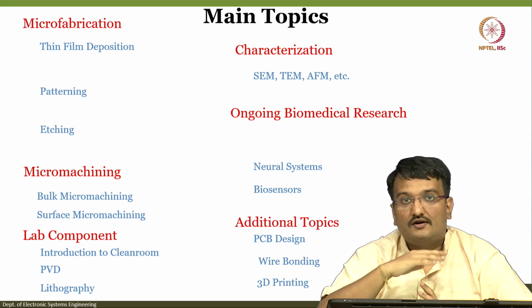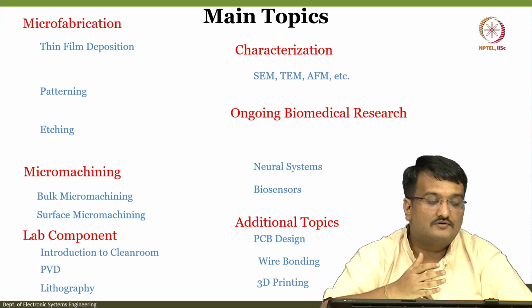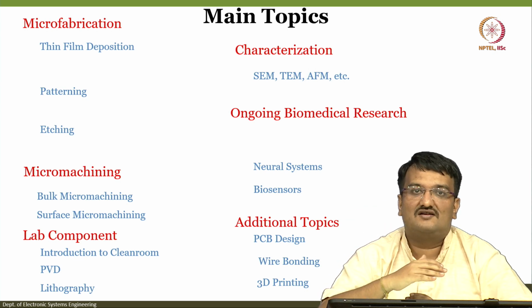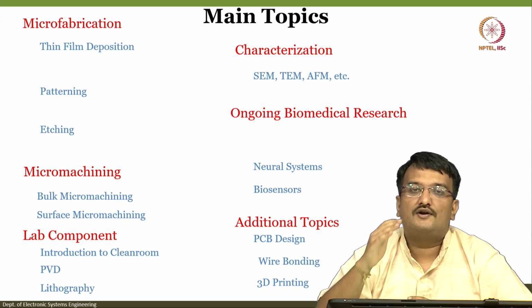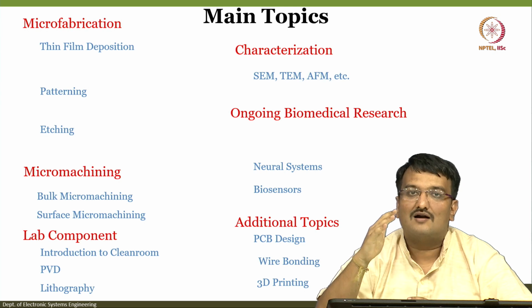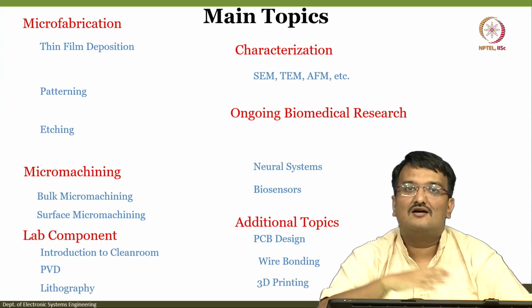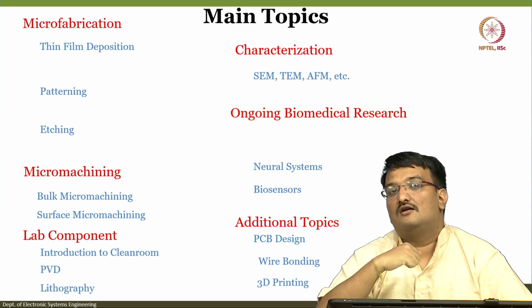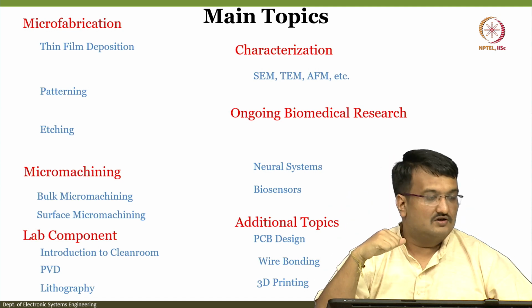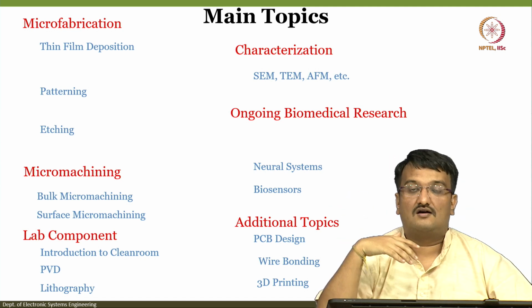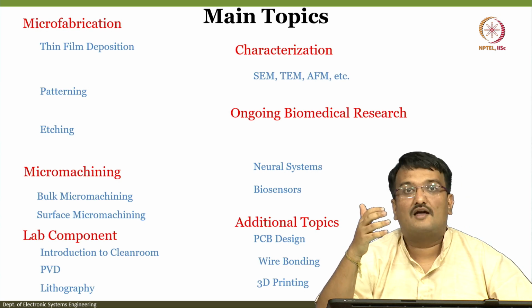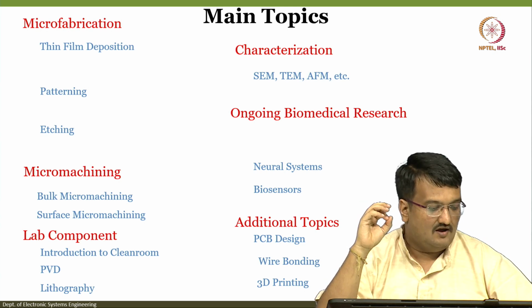In contrast to thin film deposition, which is an additive process, etching is a subtractive process, which will remove one particular desired part from your wafer. It can be done through several means. It can be deep reactive ion etching, it can be RIE, all this. That will of course be covered under this course, and bulk and surface micromachining are also discussed.